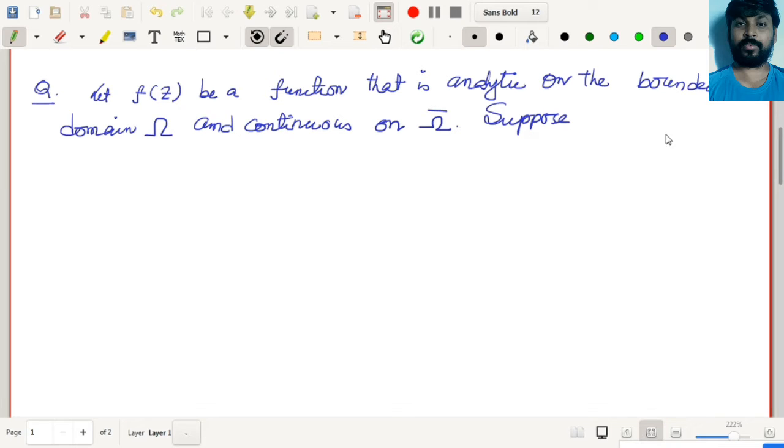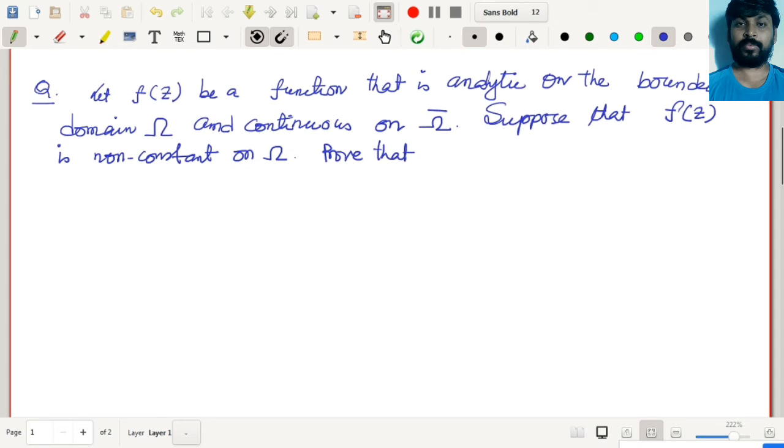Suppose that f(z) is non-constant on omega.